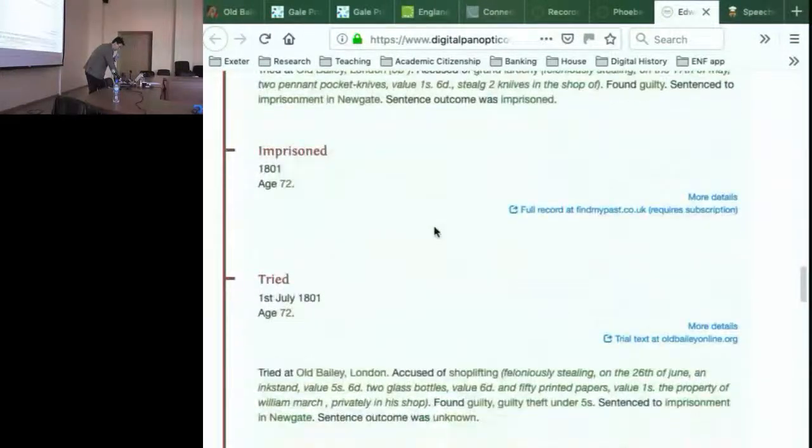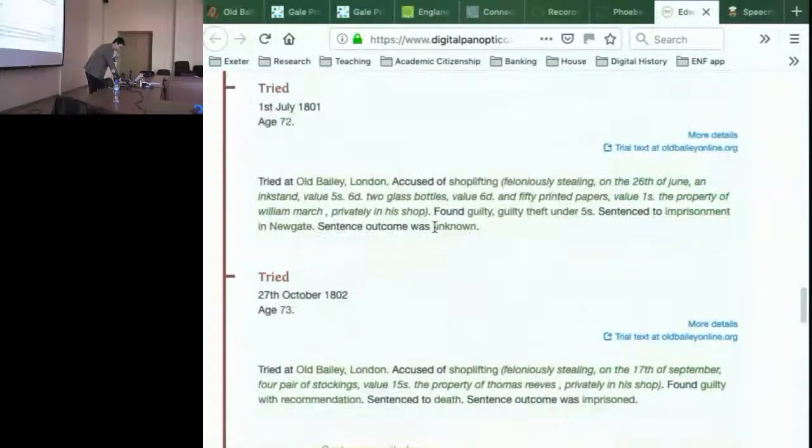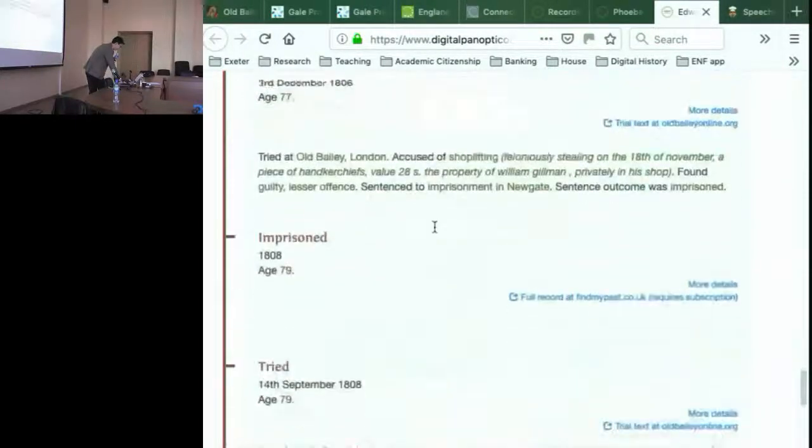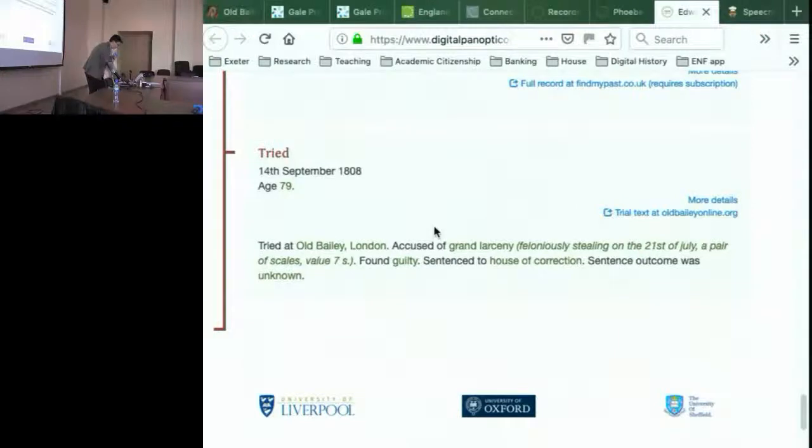And then the last that we know about him was that at the age of 79, in 1808, in his final appearance at the Old Bailey, he was found guilty, again for stealing, sentenced to a spell in the House of Correction, and at this point, apparently the clerk of the court of the Old Bailey wrote down that Wright had been tried above 70 times and was a thief all of his life.